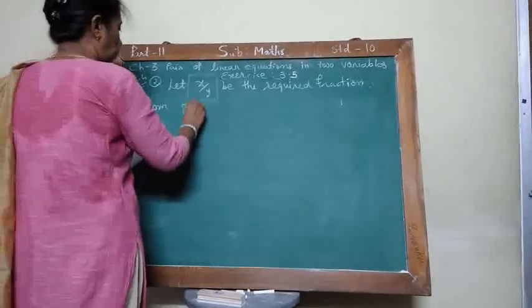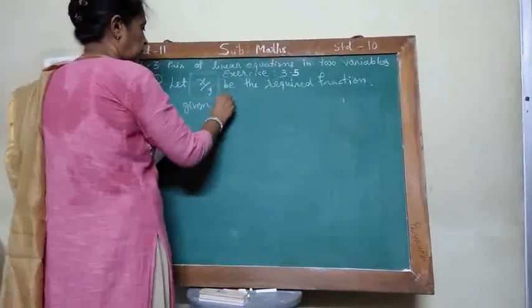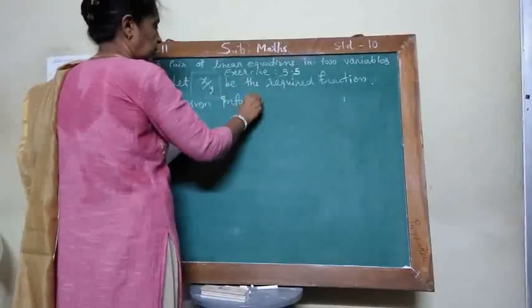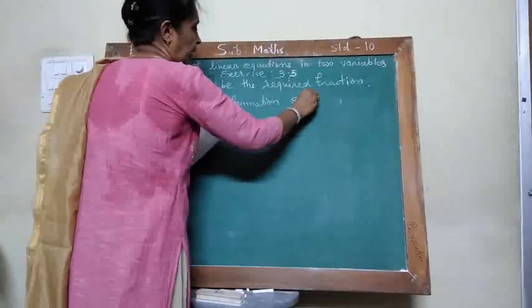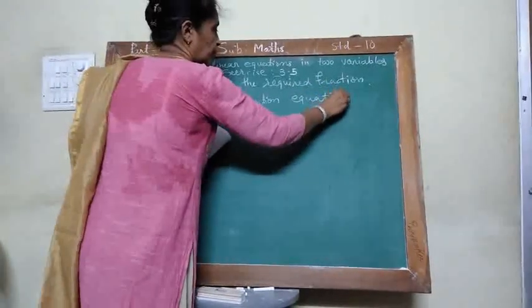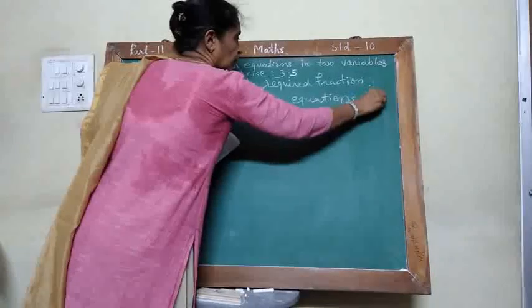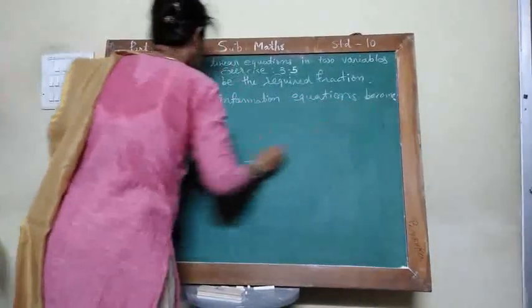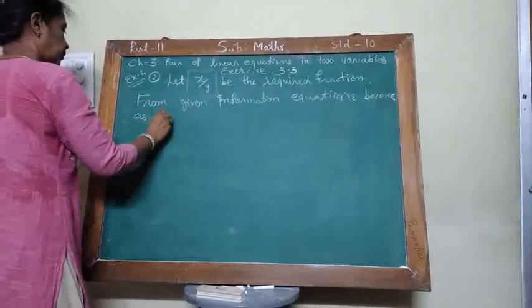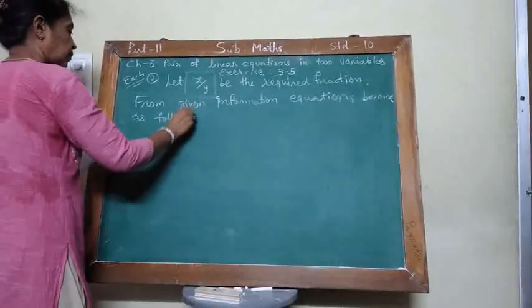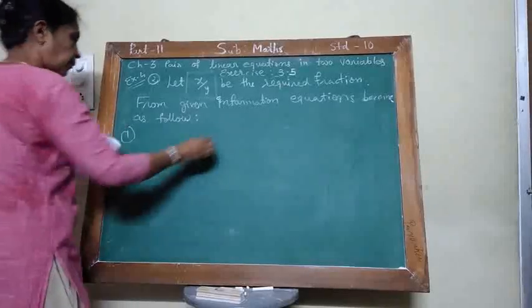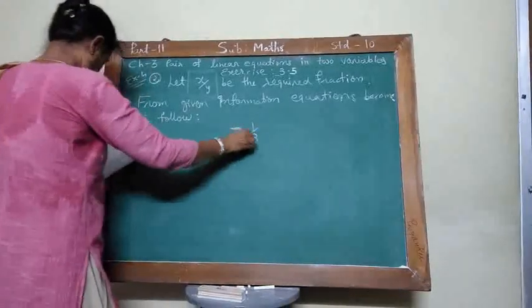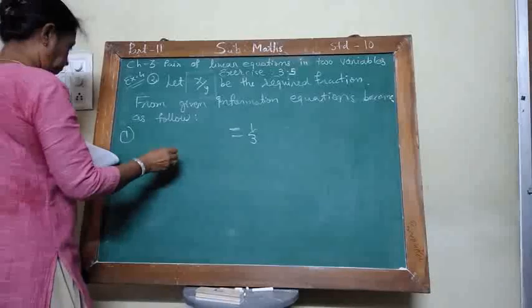From given information, equations become as follows. Number 1, fraction becomes 1 upon 3 when 1 is subtracted from numerator.